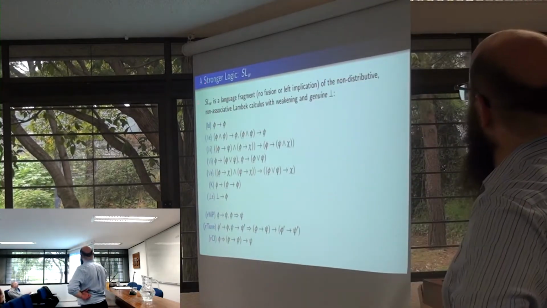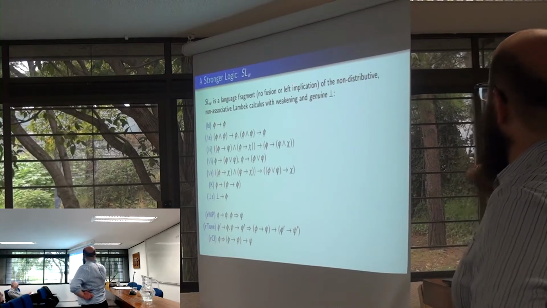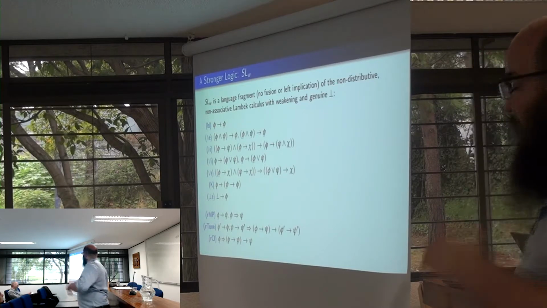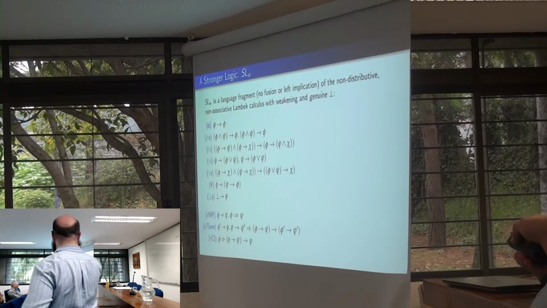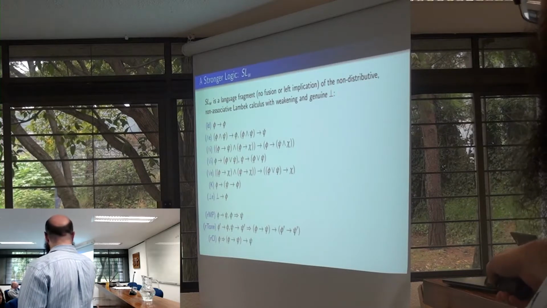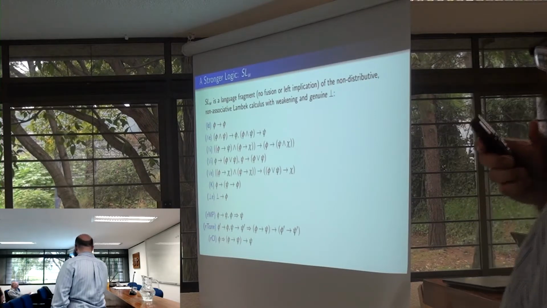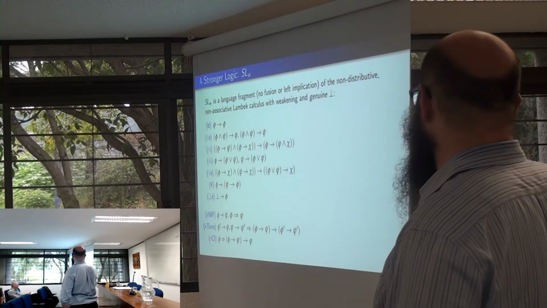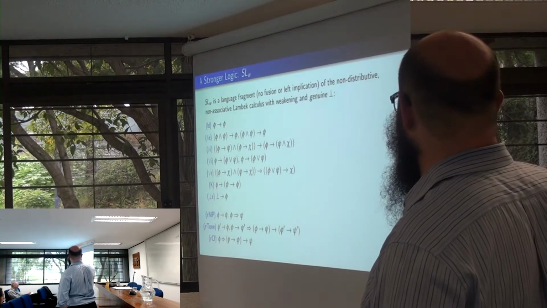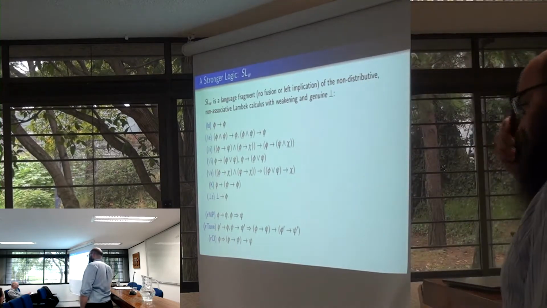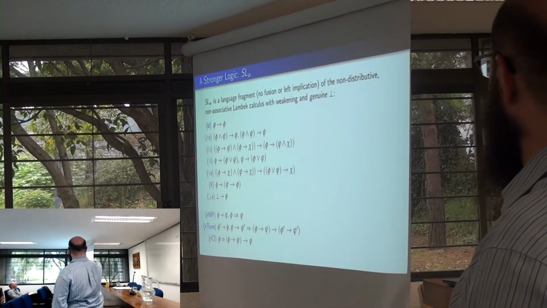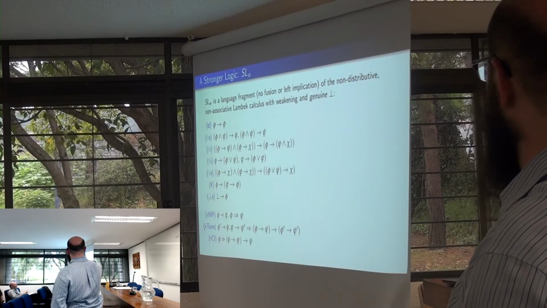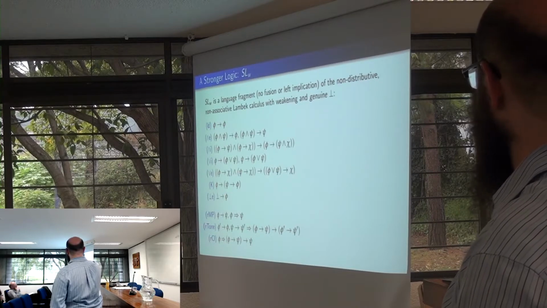So what we work in is SLW, which is a language fragment of a relatively well-known logic, the non-distributive, non-associative Lambek calculus, with weakening and what is now genuine bottom. So this logic extends, again, not lattice logic, but a fragment of the logic B, the basic logic of the Routley-Meyer semantics, the positive fragment of which is given by these first group of 5 axioms and these 2 rules.